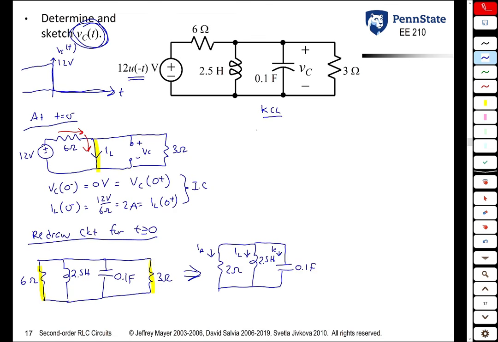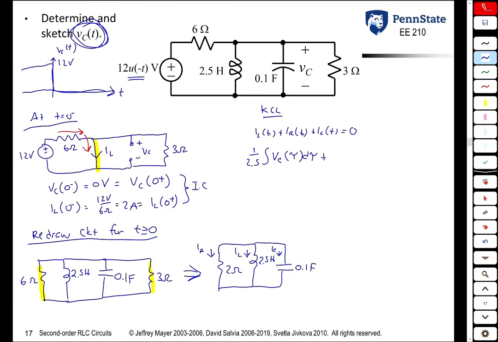We know that IL plus IR plus IC is equal to 0. But the current through an inductor is 1 over the inductor value times the integral of the voltage across the inductor. But of course the voltage across the inductor is the same as the voltage across the capacitor, so we can write it as that.